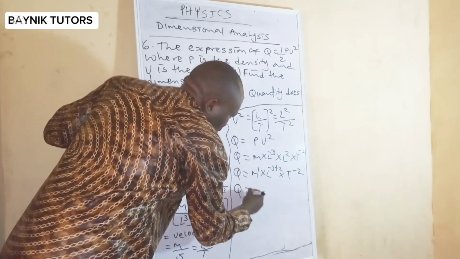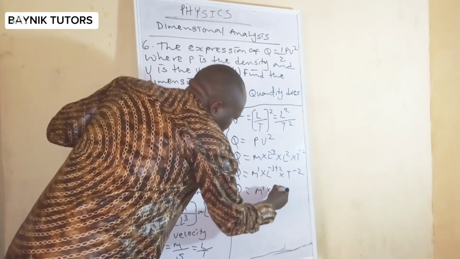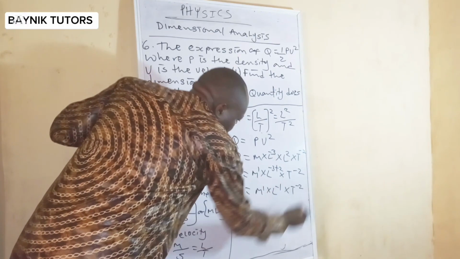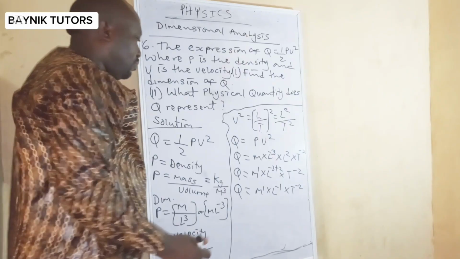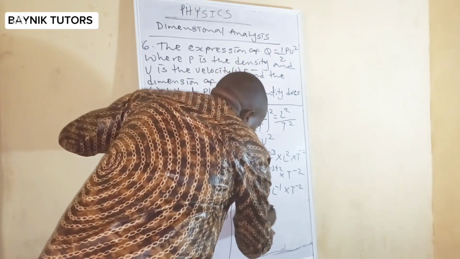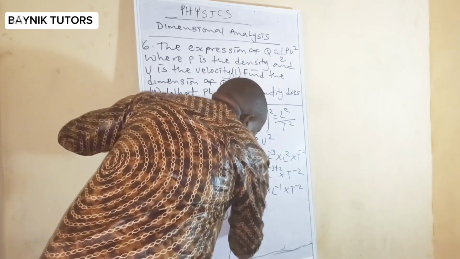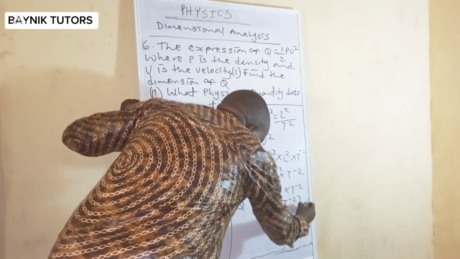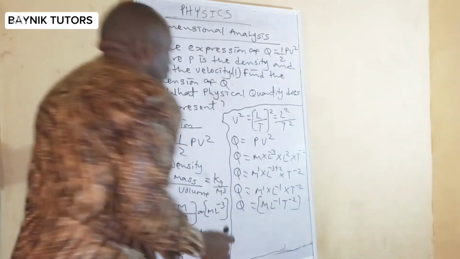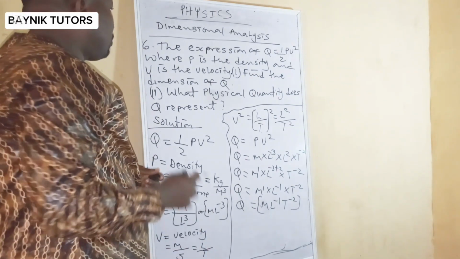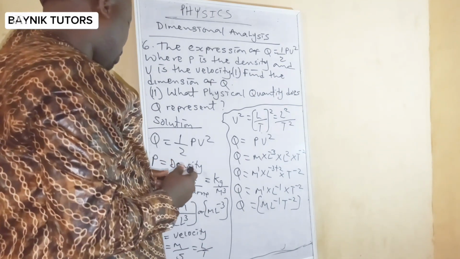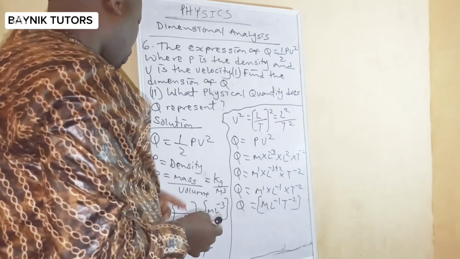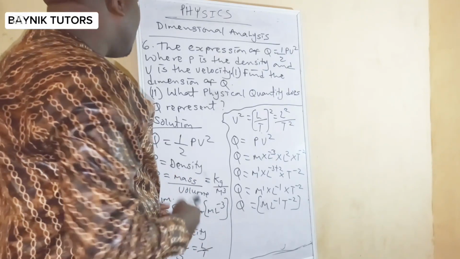So Q is equal to M raised to power 1, L raised to power minus 1, then times T raised to power minus 2. So our definition of Q will now be M L minus 1 T minus 2, because minus 3 plus 2 will give us minus 1.